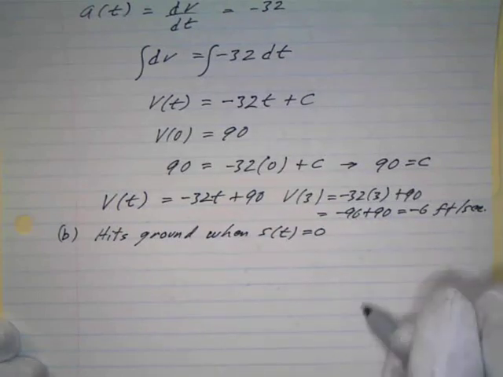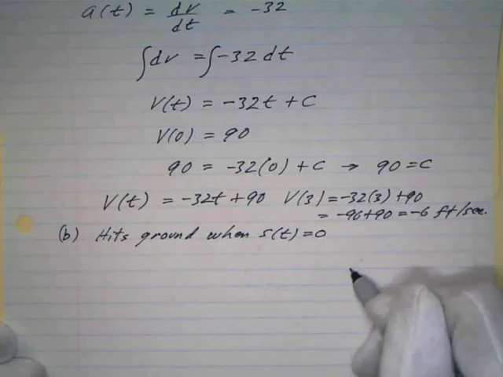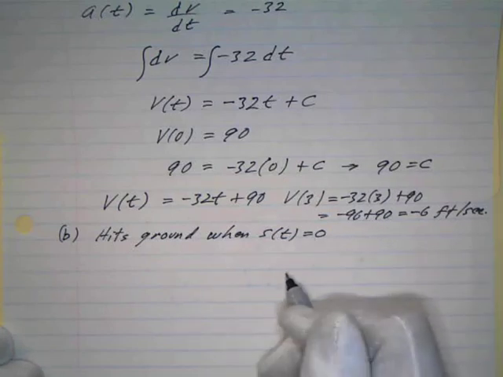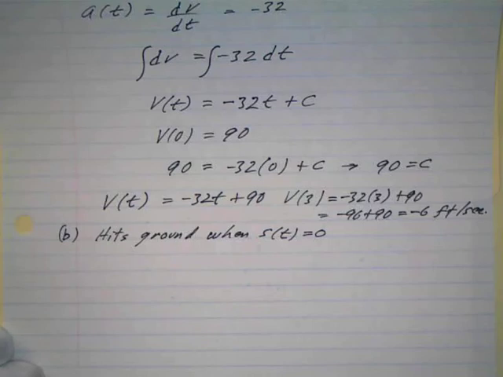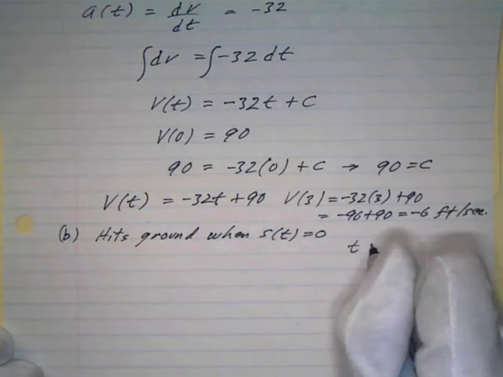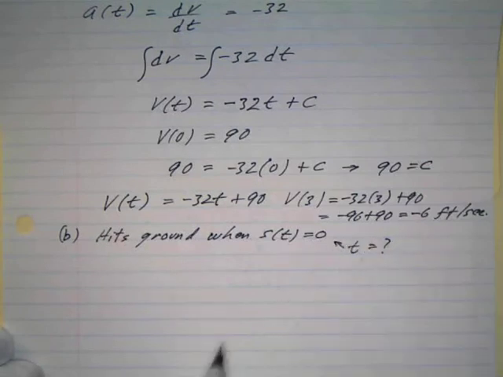It's going to go up and come back down, so the position would be 0. It'd actually be 0 in two places, when its time is 0, and then when it hits the ground. So they're asking when, so that's the time, so we're looking for t. S is 0. So we're going to have to find the position function.